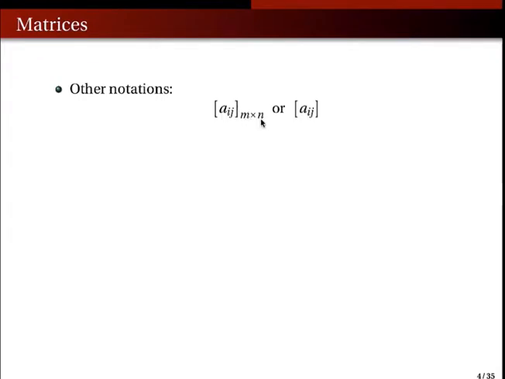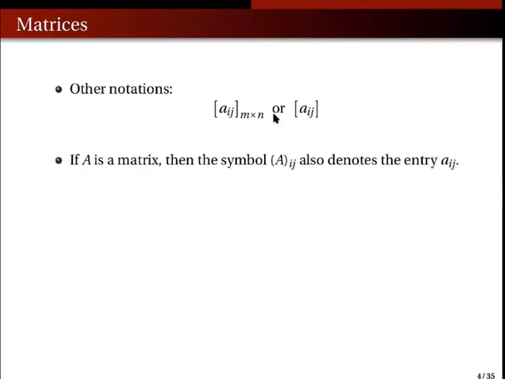It tells you the size of the matrix, so the number of rows and number of columns. Or simply, you just write [aij] if you are sure of the size of the matrix you are talking about, or possibly if you are not interested in the size of the matrix. So you can just simply write it this way, or just write a capital letter by naming it.